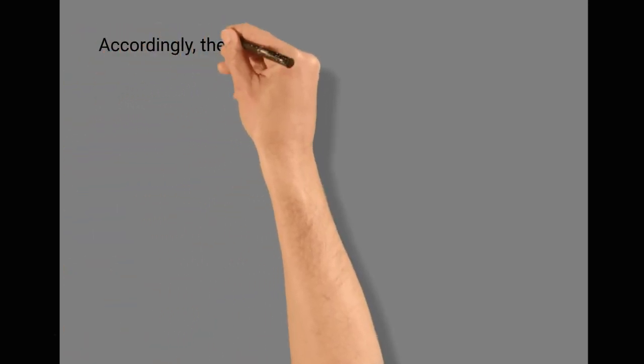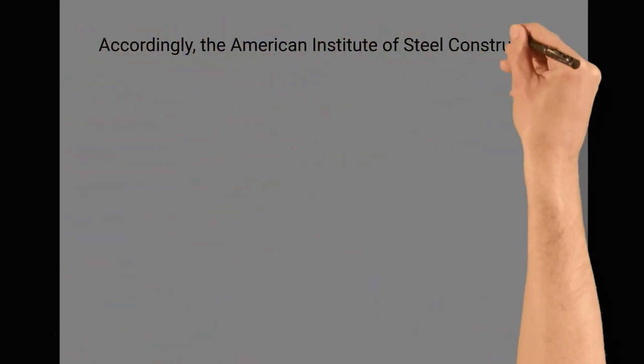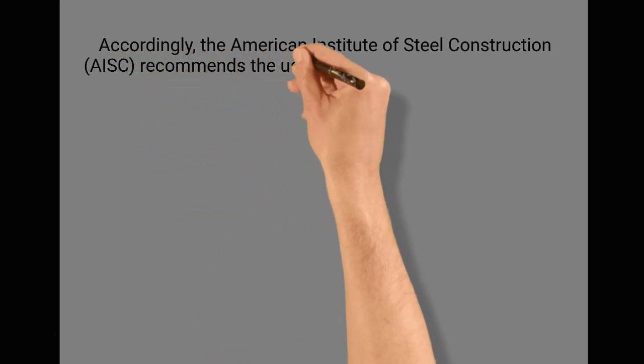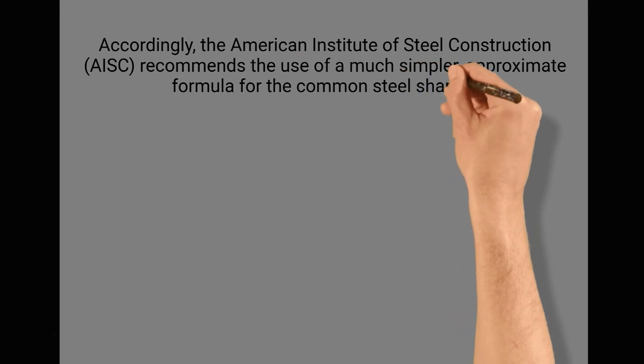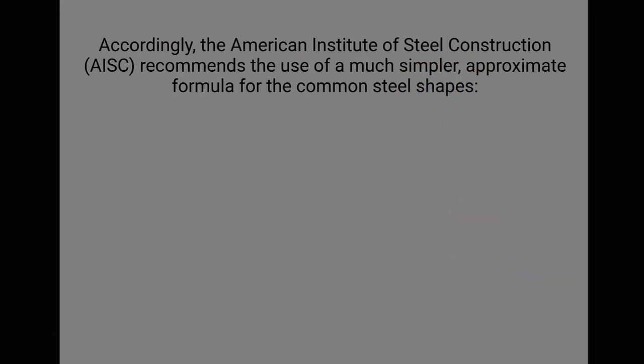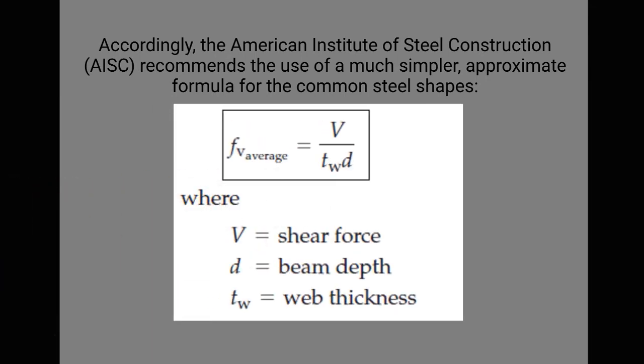Accordingly, the American Institute of Steel Construction, or AISC, recommends the use of a much simpler approximate formula for the common steel shapes. Fv average equals V over t_w d, where V is equal to shear force, d is the beam depth, and t_w is the web thickness.